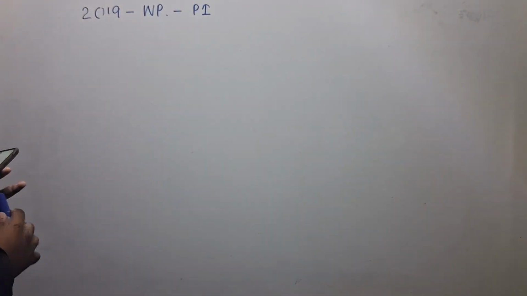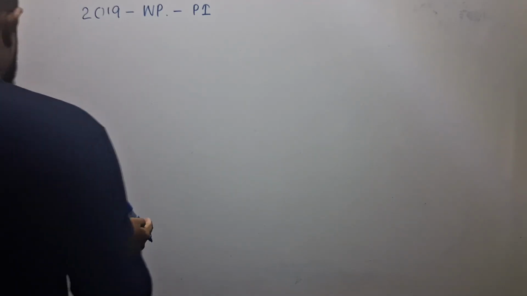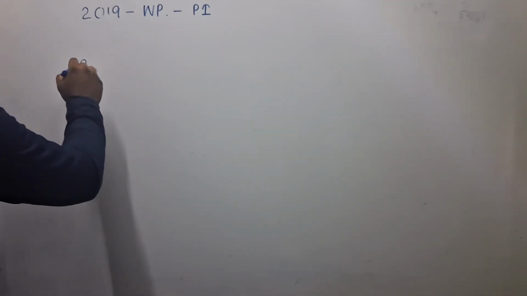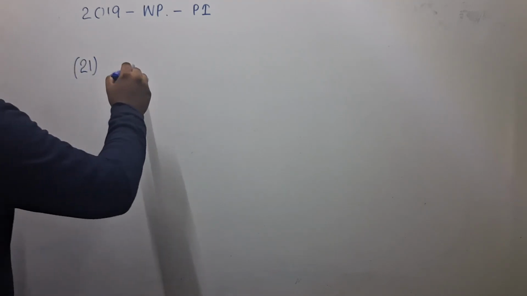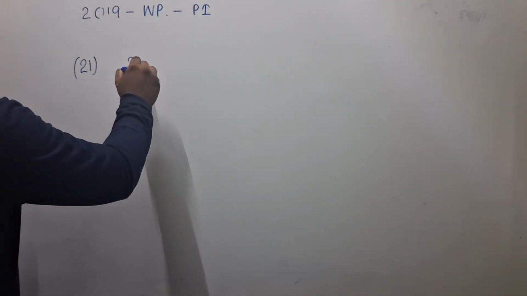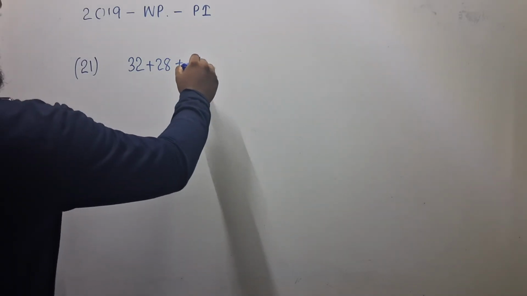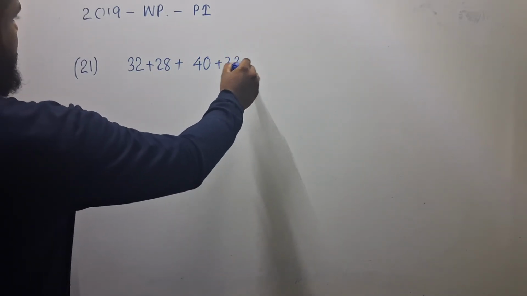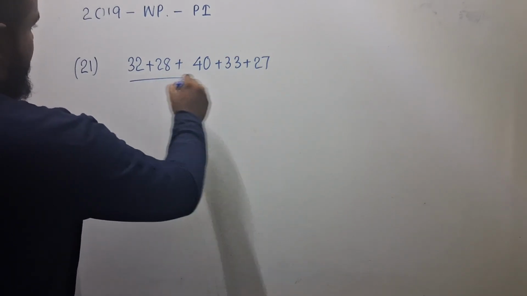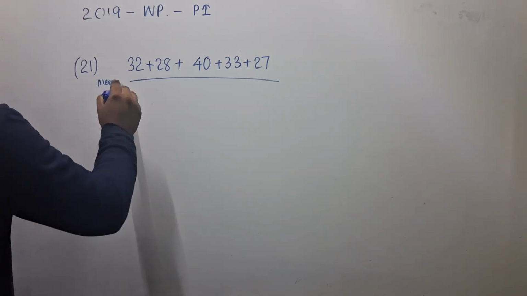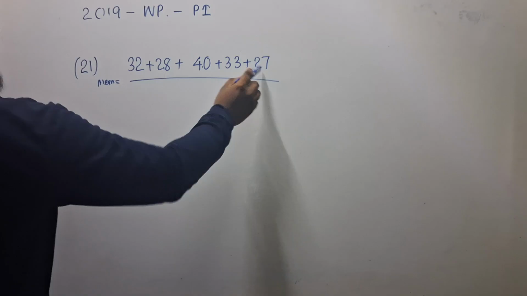First find the mean, then find the number more than the mean. Mean is equal to the total of the dataset divided by the number of data. Let's take the sum of the dataset. 32 plus 28 plus 40 plus 33 plus 27, divided by, we are finding the mean, how many students? 1, 2, 3, 4, 5.